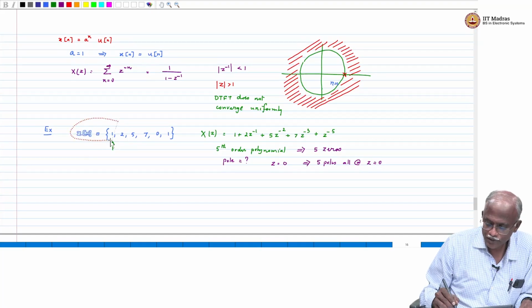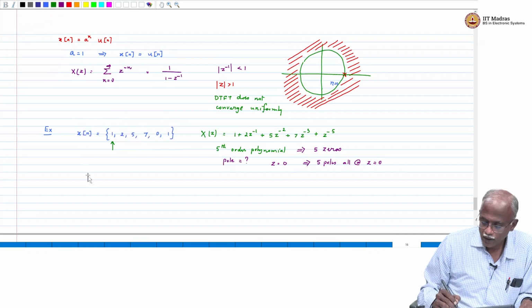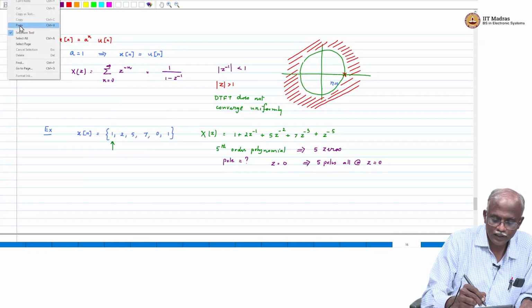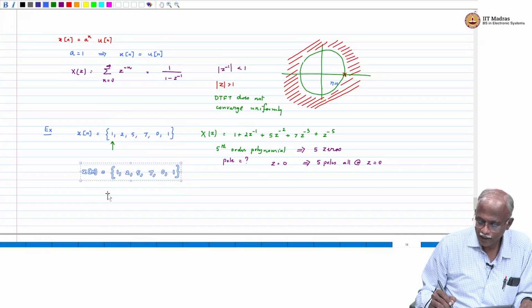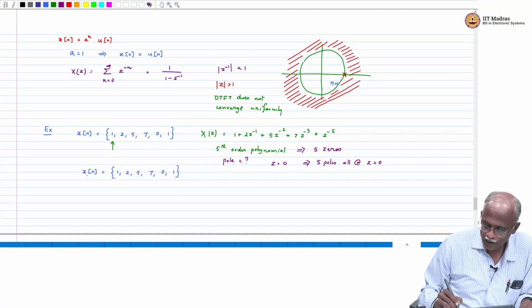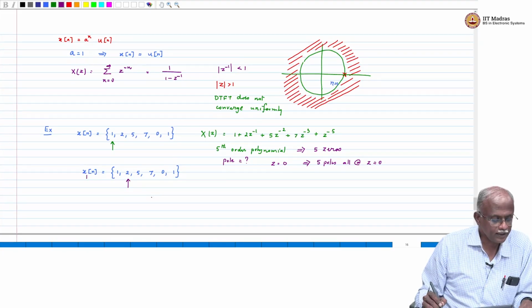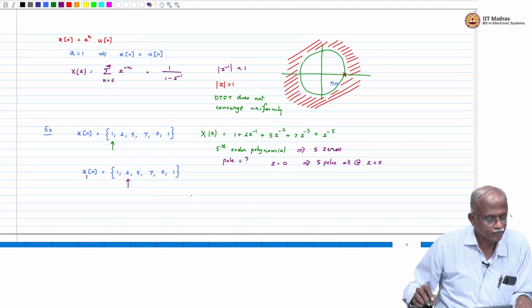Same sequence, a simple variation of it. Let's call this x1 of n, and it has its origin at the second point.